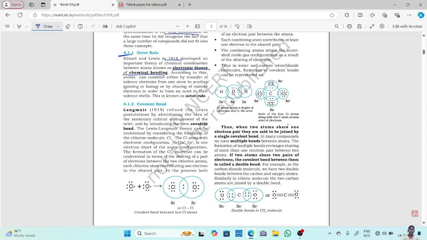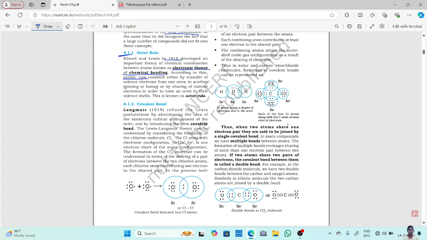atoms can combine either by transfer of valence electrons from one atom to another, that is gaining or losing, or by sharing of valence electrons in order to have an octet in their valence shell. What does this mean?